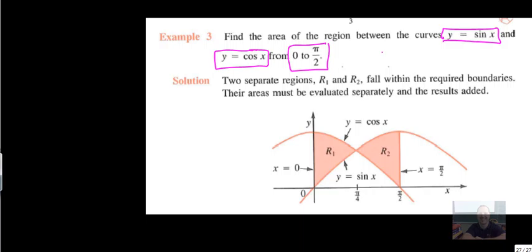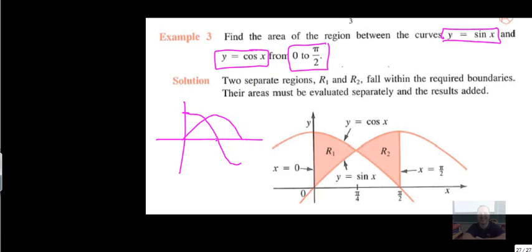You know a little bit about what the graphs look like. Even if you didn't have this diagram, you know that sine goes up like this, and the cosine starts to go down like this, right? And so where's pi over 2?